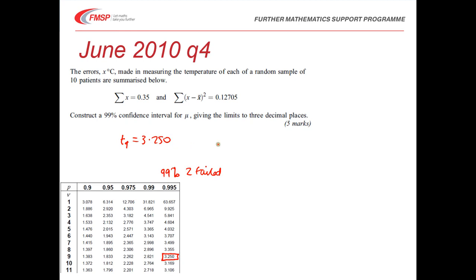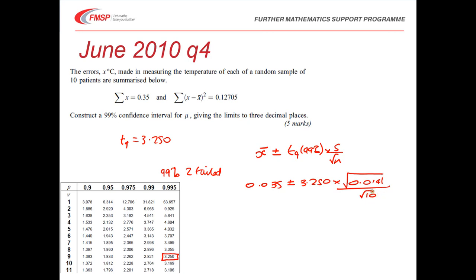Everything else is now the same. It's going to be x bar plus and minus t9, 99% because it's two-tailed, times s over root n. It's exactly the same formulation. So what's this going to give me? Well, it's going to give me 0.035 plus and minus 3.250 times s, which we just worked out, the square root of 0.0141, divided by the square root of n.